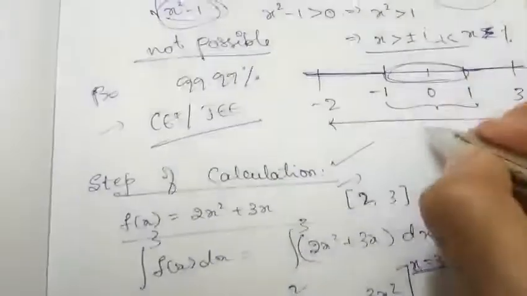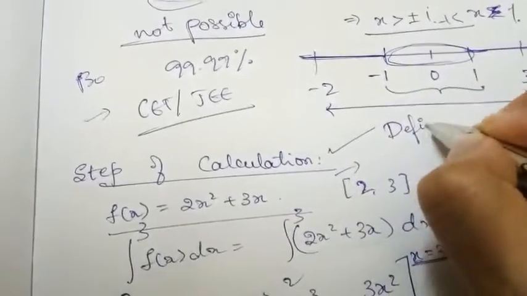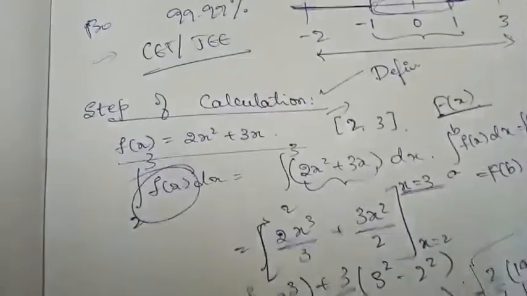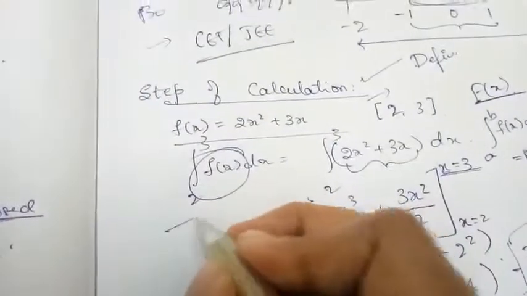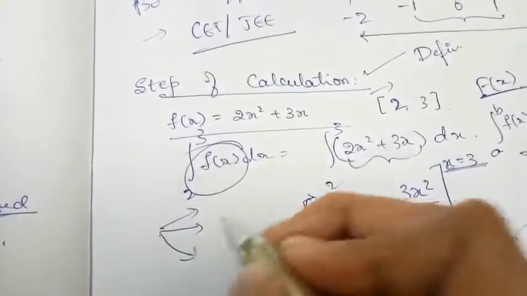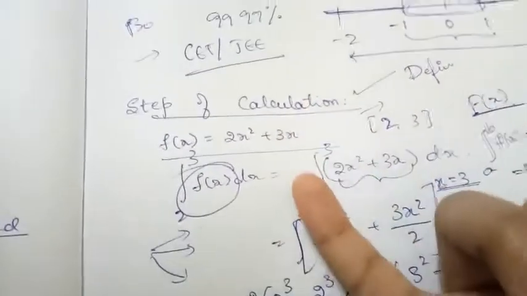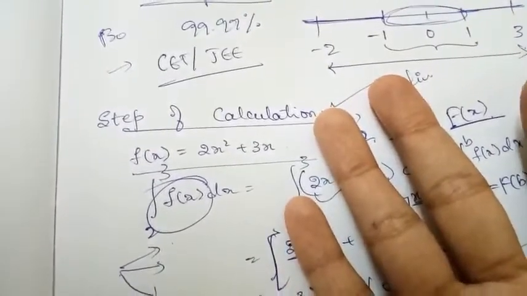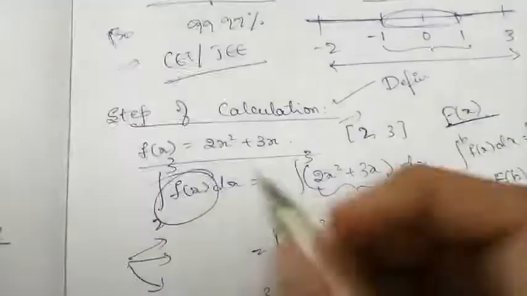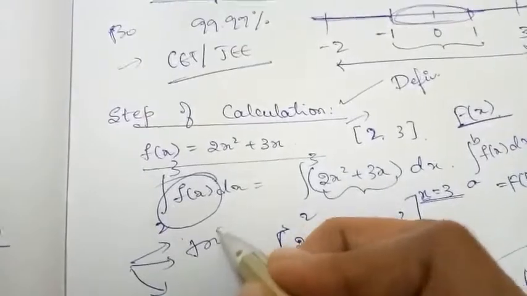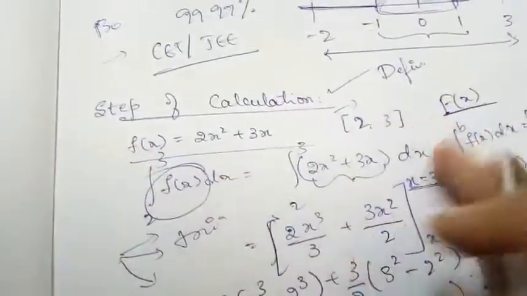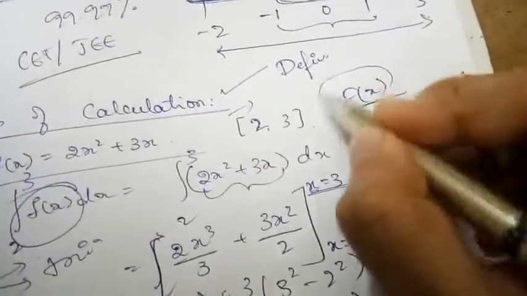When we are talking about a definite integral, finding the integral of a given function uses all the methods we have learned till now: the substitution method, integration by parts, partial fractions, and using trigonometric identities. Whatever method you have learned is similarly applied to get this F of x.